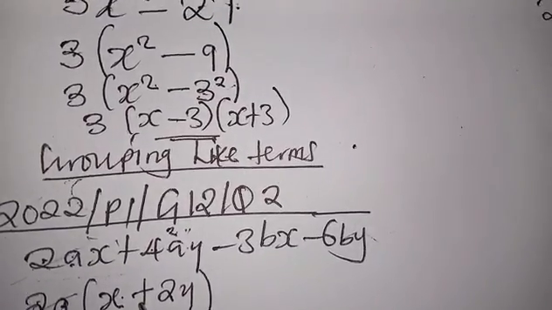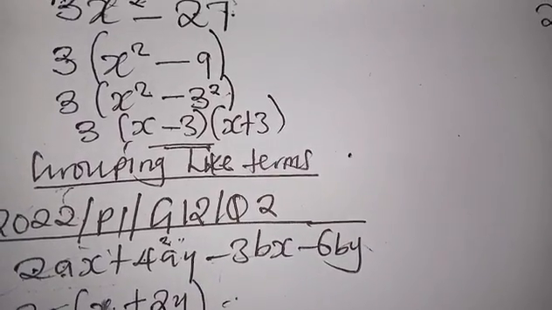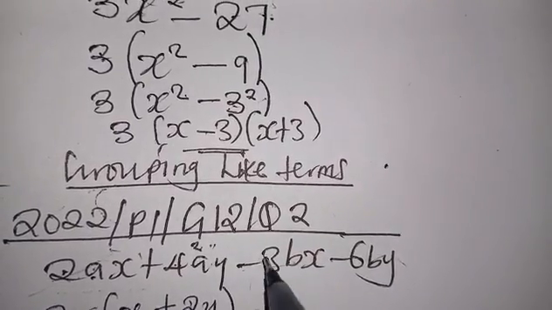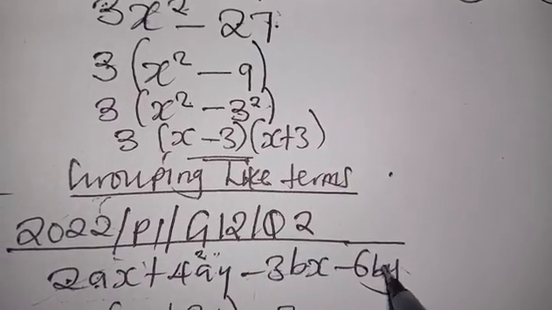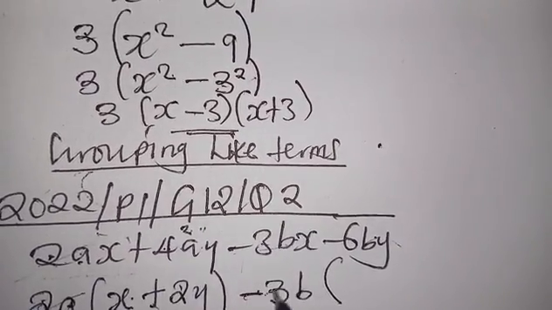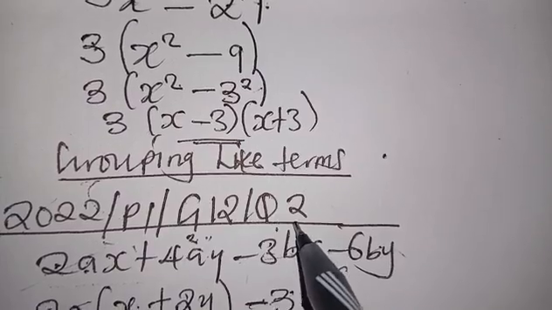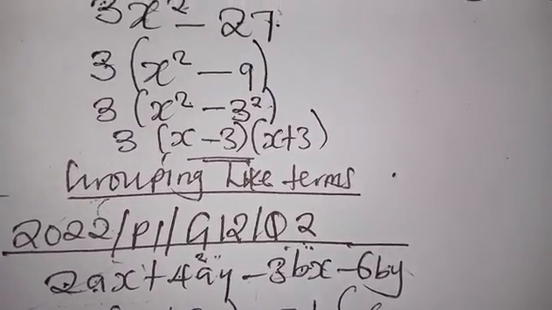For you to maintain the sign, you have to make sure that whatever sign you're going to put here will bring back this answer. So for you to have the positives, say negative 3 is common, and also b. So negative 3 into negative 3, the answer is 1. B into b, the answer is 1. 1 times 1, the answer is 1. 1 times x, the answer is x.